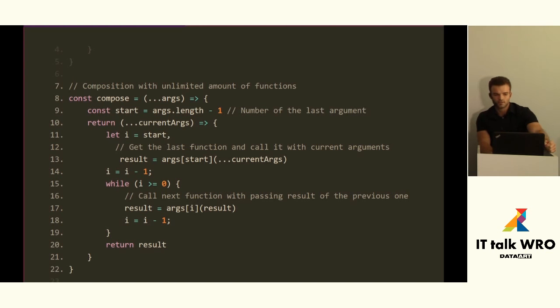After that, inside the inner function, I expect some arguments. And I decided to call my last function with those arguments and save the result of execution to the result variable.